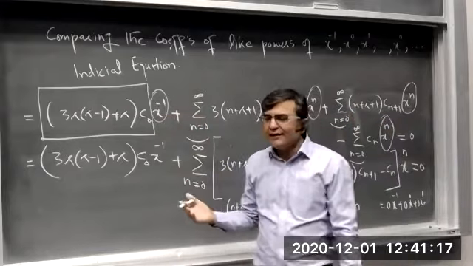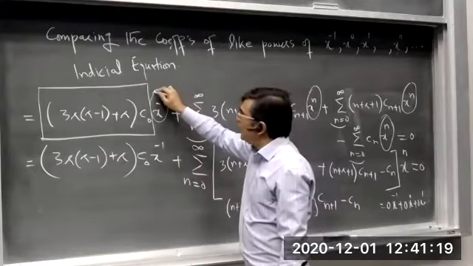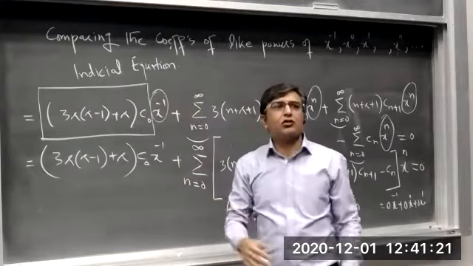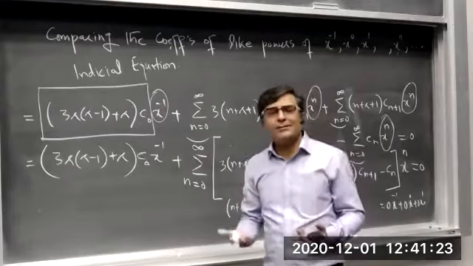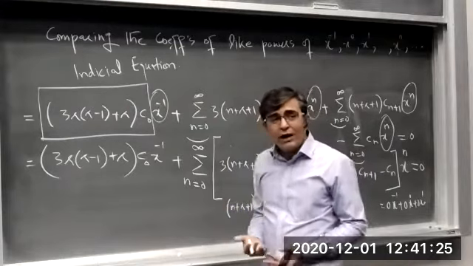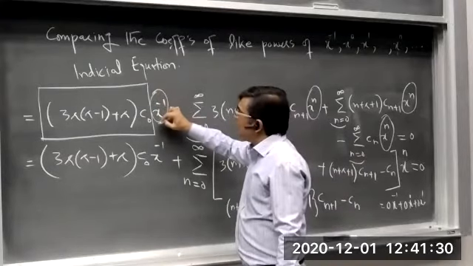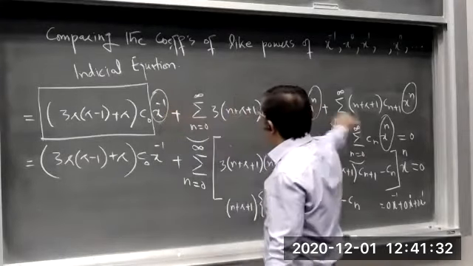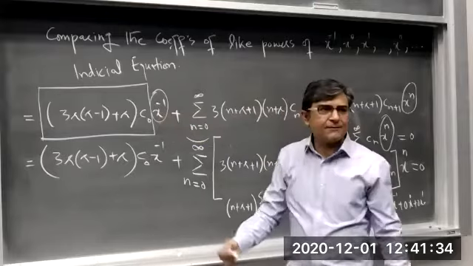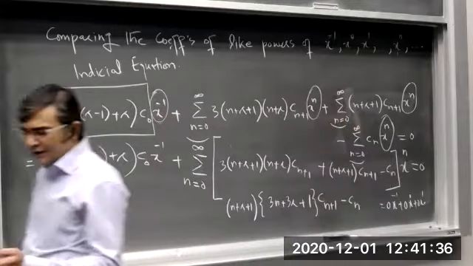It is not necessary that it is x power minus 1. It could be x power minus 2, it could be x power 0, it could be x power 1. But that power should be the lowest power in the whole expression of the series. I hope you get it.